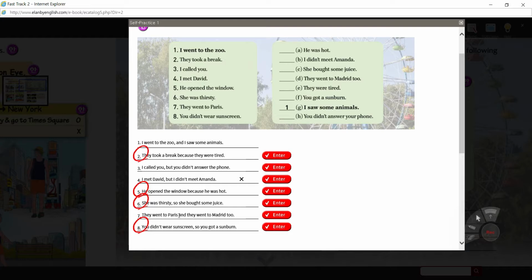This sounds a bit strange to put it after and, but again, there's a subject and a verb afterwards. So let's see what the answer is. I called you, but you didn't answer. You didn't answer your phone.